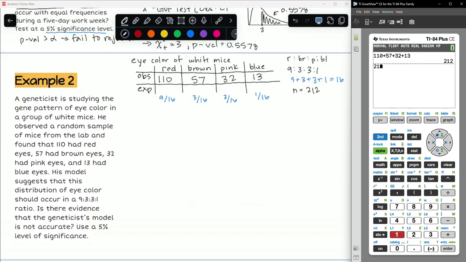So 212 times 9 divided by 16, and I get 119.25. And then 212 times 3 divided by 16, I get 39.75. And then the last one, 212 times 1 divided by 16, and I get 13.25.